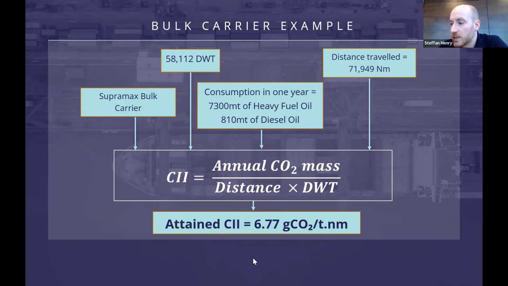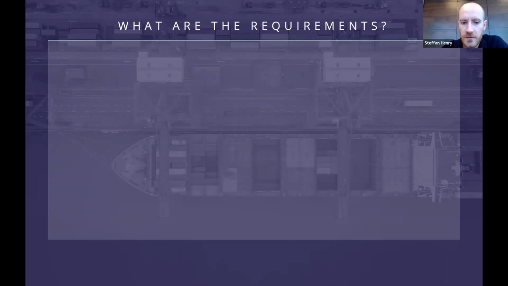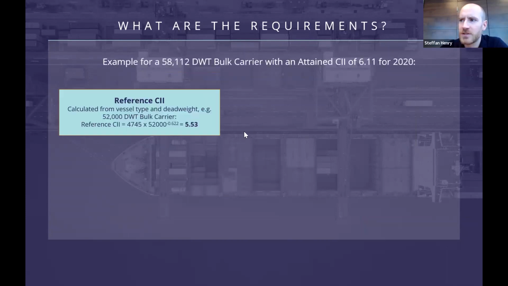Now, this is the figure we need to use to find out which CII band the vessel sits in. But first, we just need to do another calculation to define these bands, see where the bands actually lie. So to do that, first we calculate what's called the reference CII, based on the vessel's deadweight and type. So for a 52,000 deadweight ton bulk carrier, we have a reference CII of 5.53.